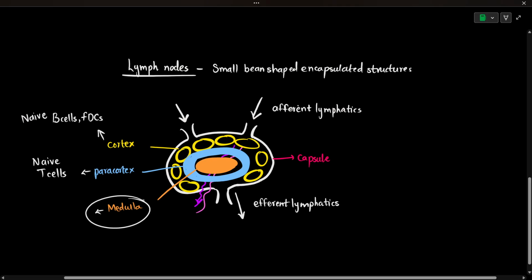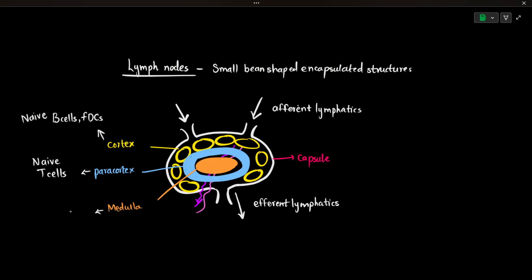In the medullary region, it is not really enriched in any type of cell, but this is the region where the plasma cells are going to secrete antibodies, which will be taken in by the blood system. Whatever lymphocytes are activated are going to exit through the medulla.